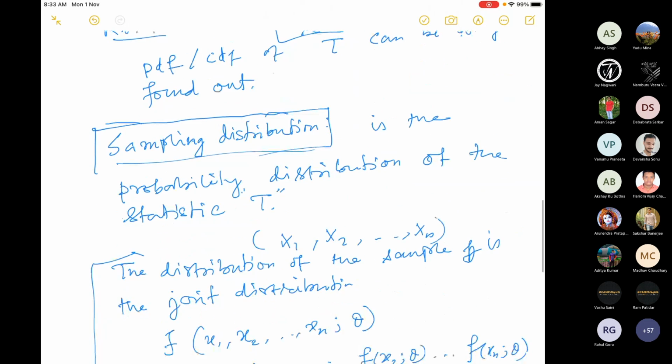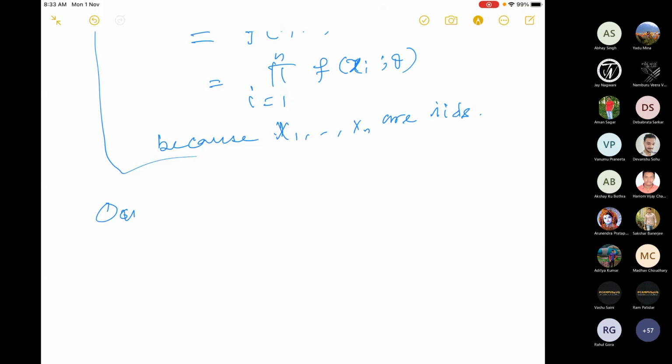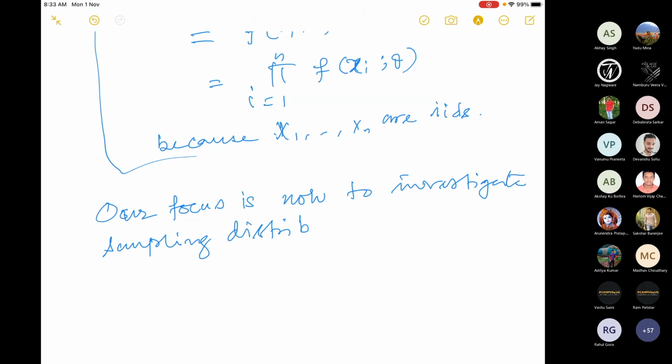Our focus is to investigate sampling distributions, though we'll also study other distributions, when the population distribution, the PDF of capital X, is normal.